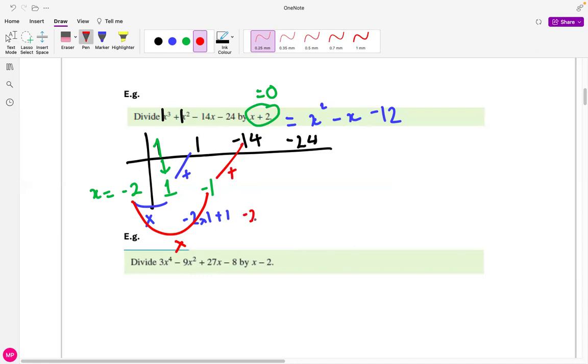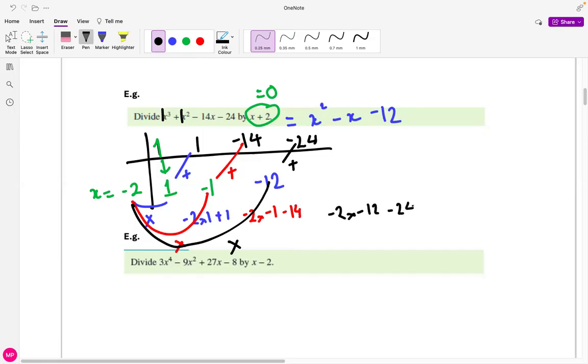Negative 2 times negative 1 is 2, and 2 minus 14 is negative 12. Then doing the same thing again, you do negative 2 times negative 12 plus negative 24.